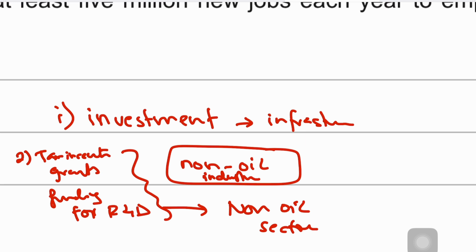Basically what this will do for the economy is attract new businesses and encourage the existing ones. Not only attract new businesses, but also encourage the existing ones to invest in research and development and develop new technologies and products, right? Because all of this would help R&D, and then new technologies and new products would be developed.